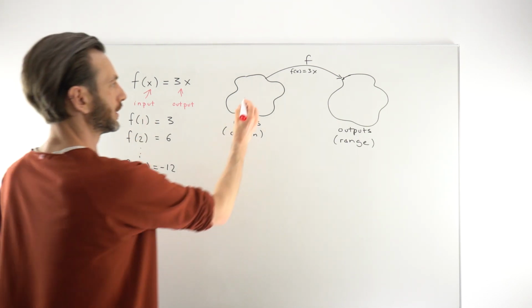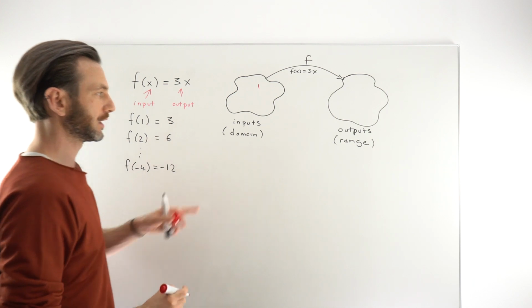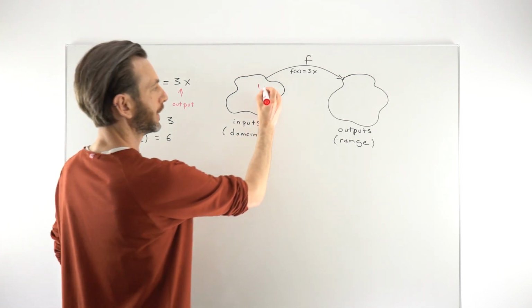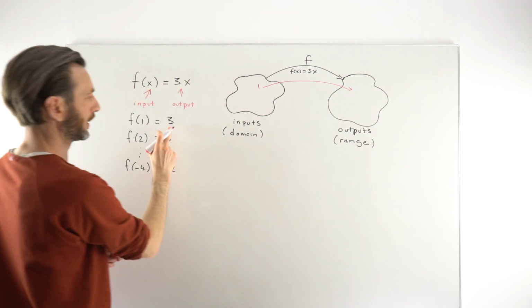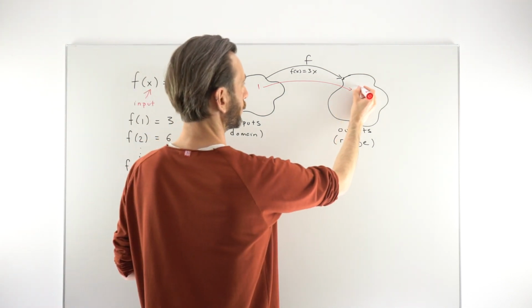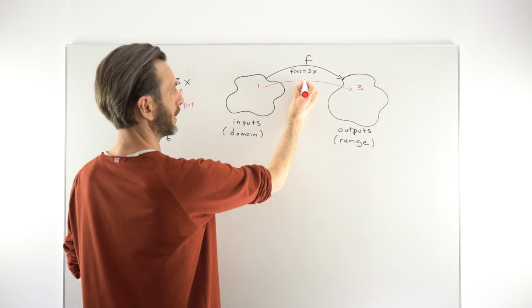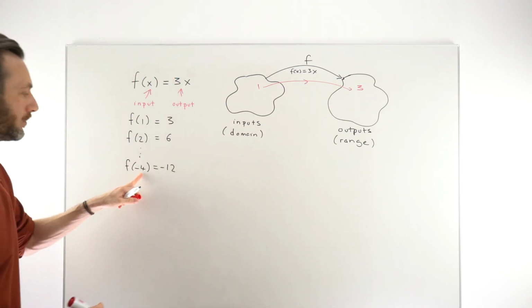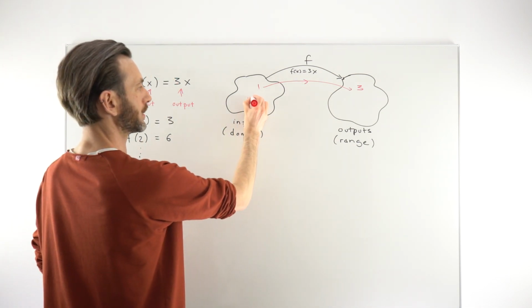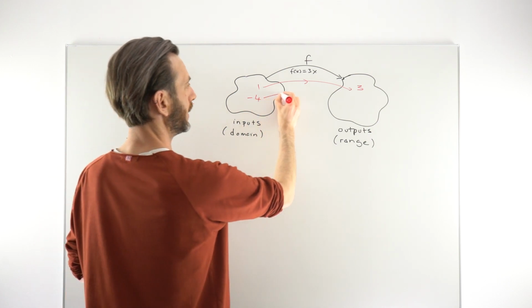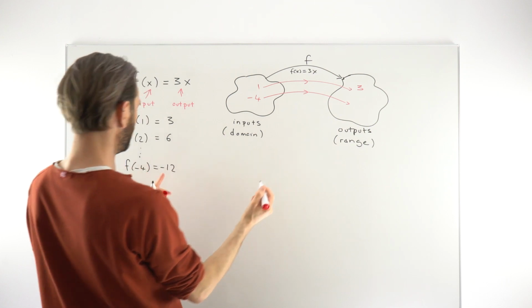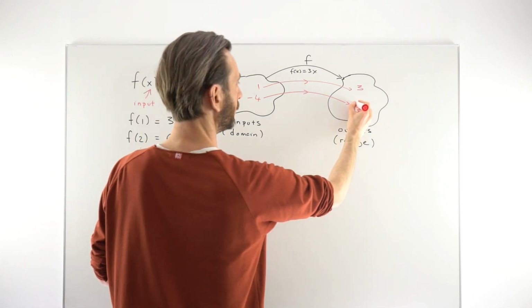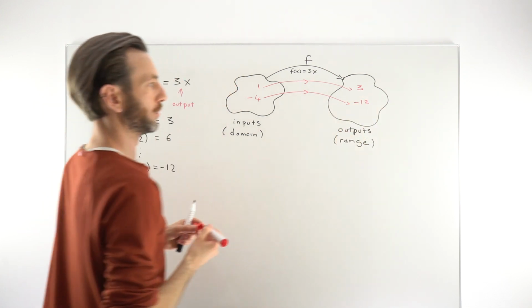We took the number 1, which was in the inputs, in the domain, and we ran that through the function, and then we got the output value, which was 3, over here in the range. And then we took minus 4, a number over here in the domain, and that went over there. We call this a mapping, by the way. It mapped over to negative 12 in the output values.